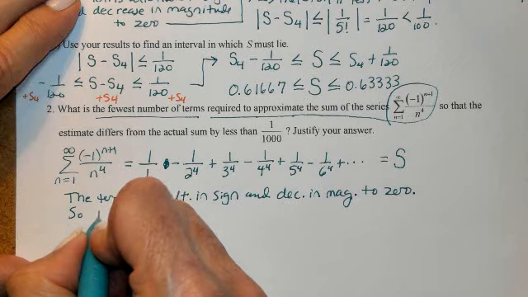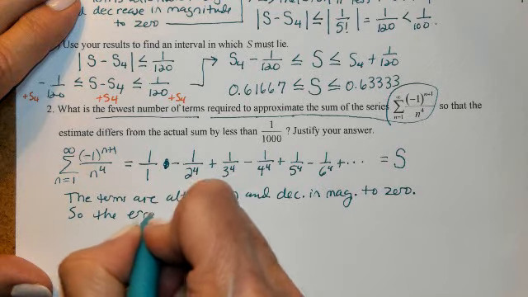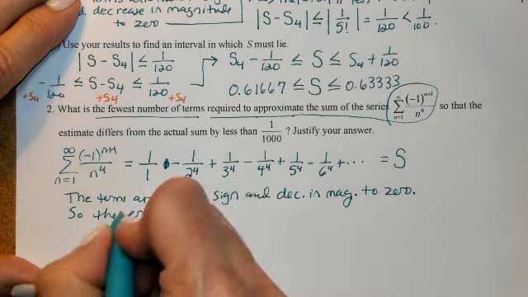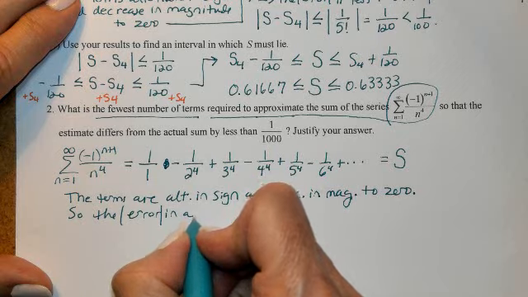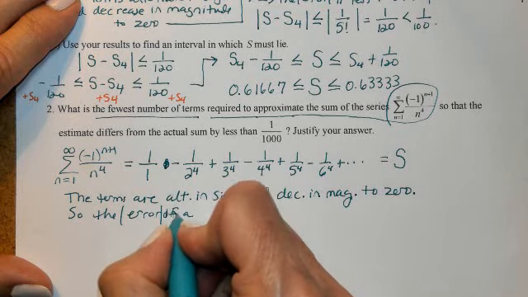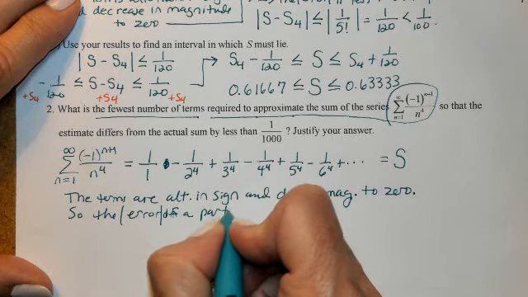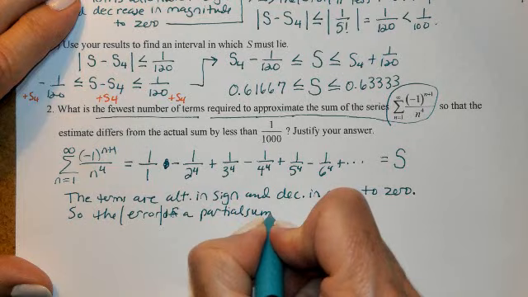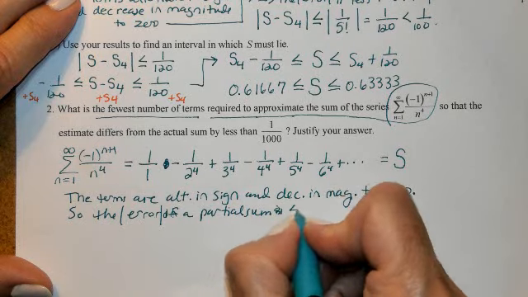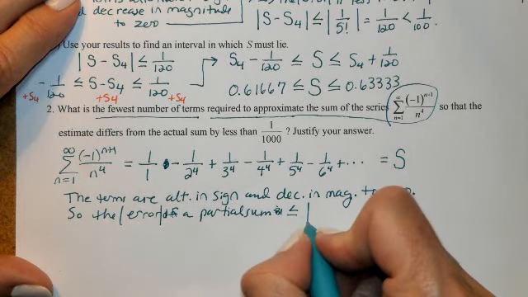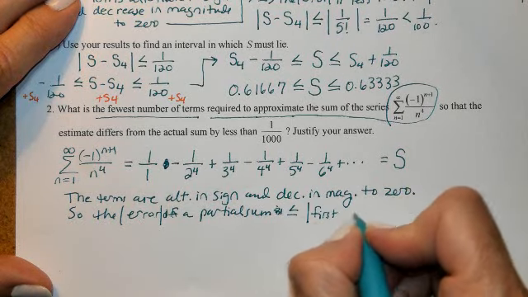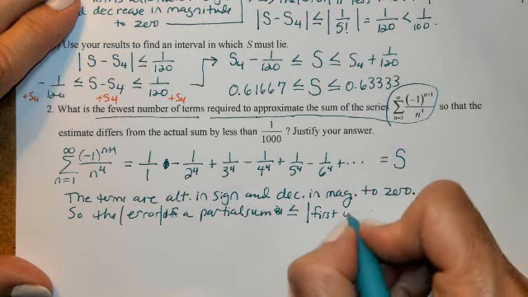So the absolute value of the error of a partial sum is less than or equal to the absolute value of the first omitted or unused term, right?